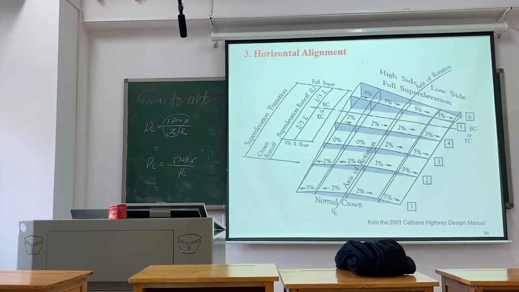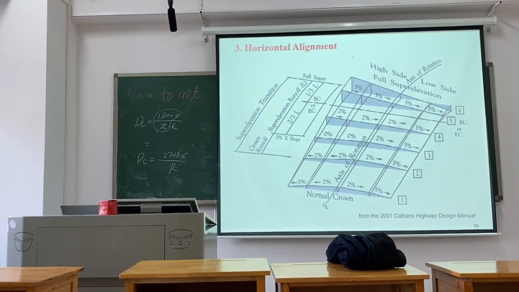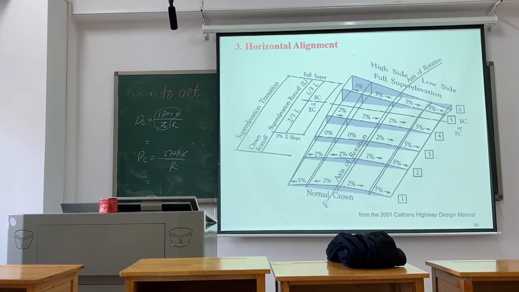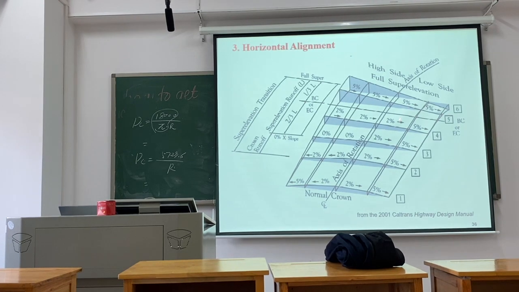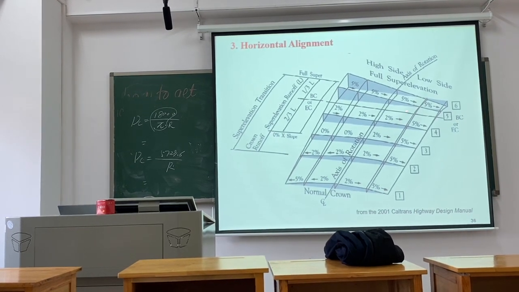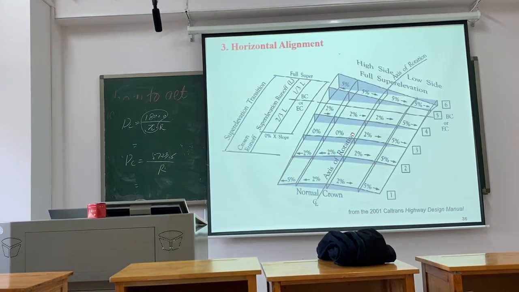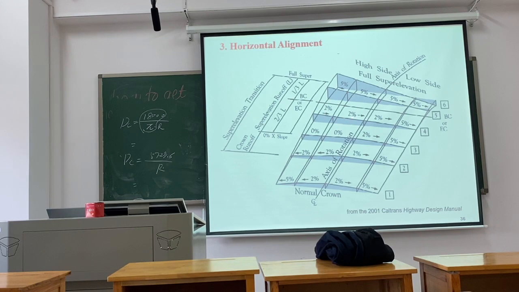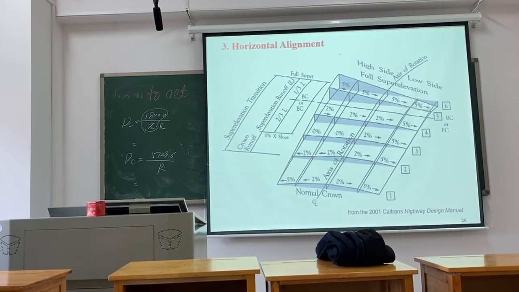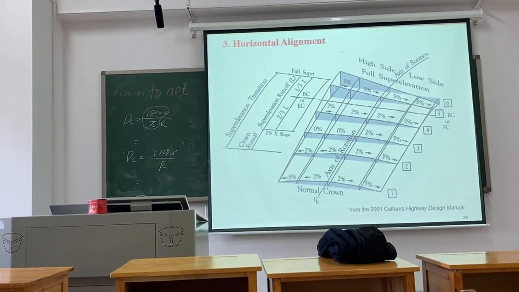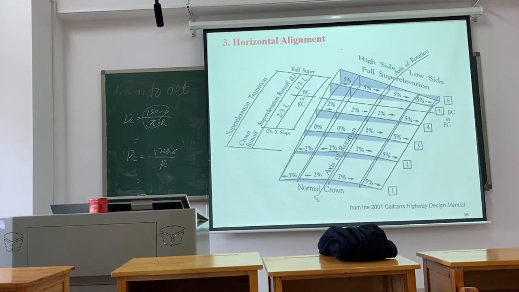The process from 2% to 5% is only in this region on this side, but the other side continues to change from 5% through 0 to 5% in the opposite direction.